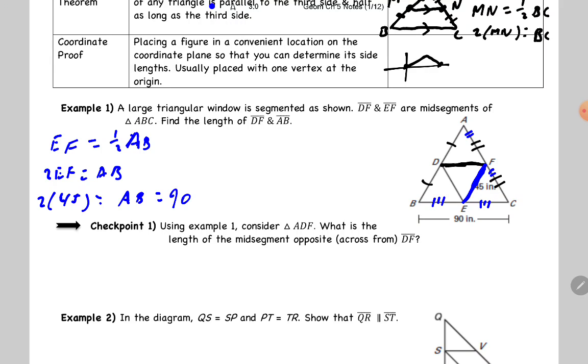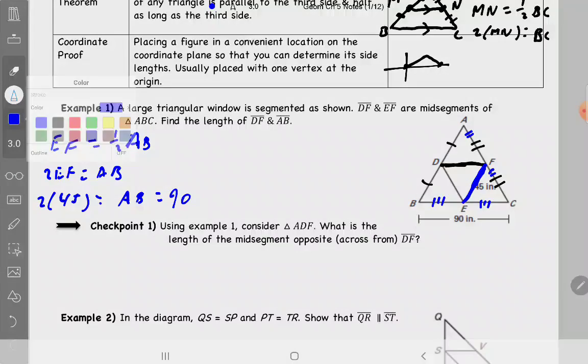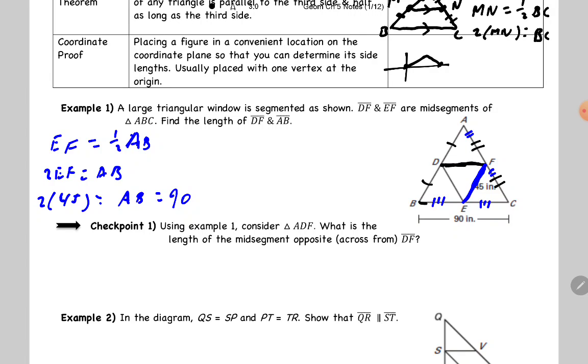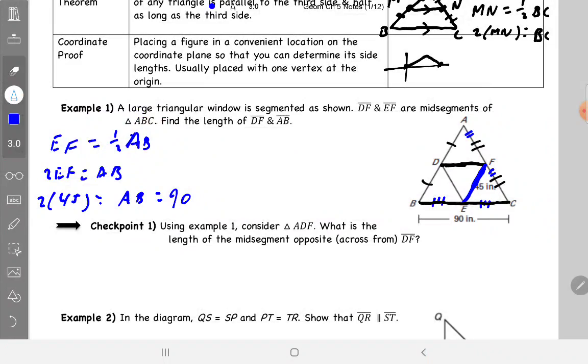Alright, let's take a look at the black midsegment. So DF is parallel to BC. Maybe these colors will help you see what I'm doing here.